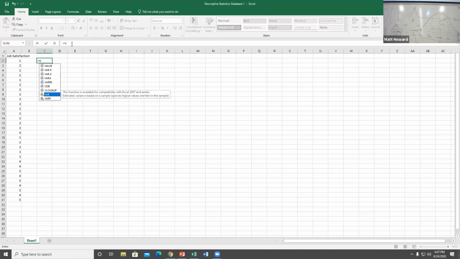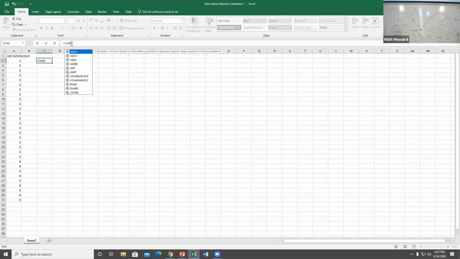So to calculate the variance of this variable right here, we would type in equals VAR, and then an open parenthesis. There's multiple ways you could go about doing what we need to do next.